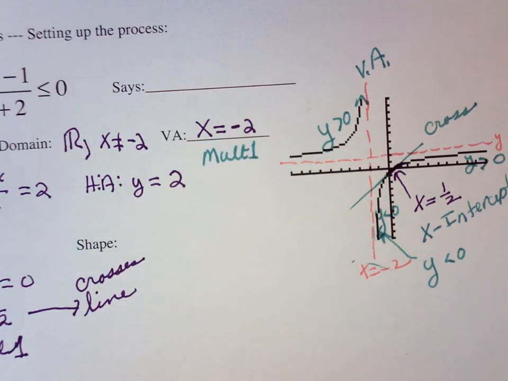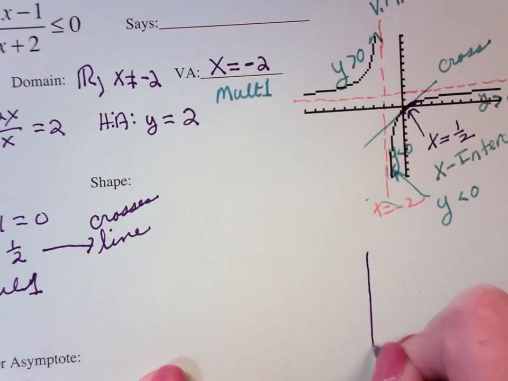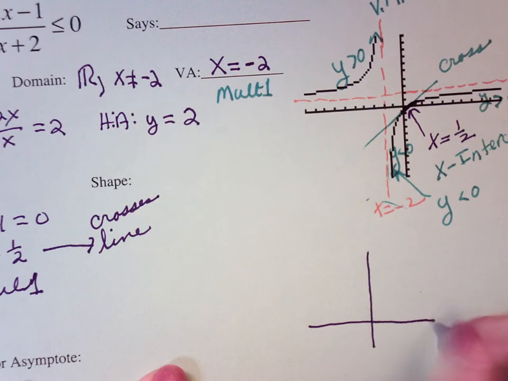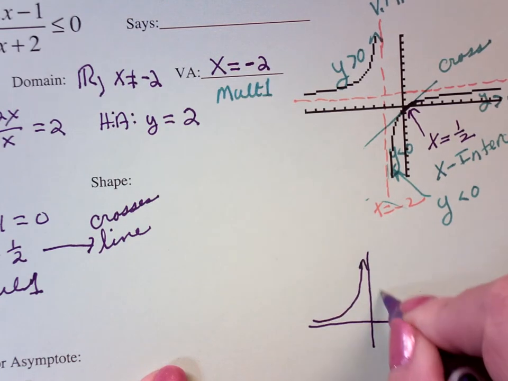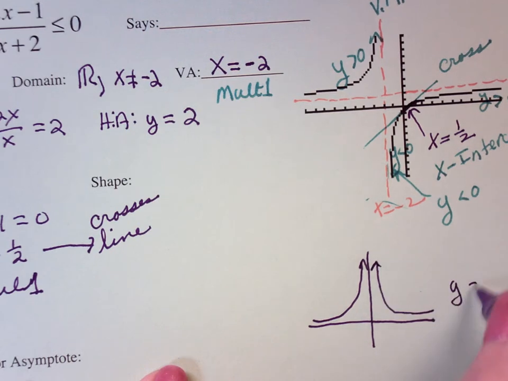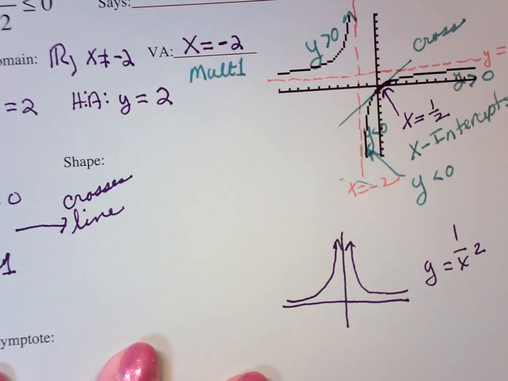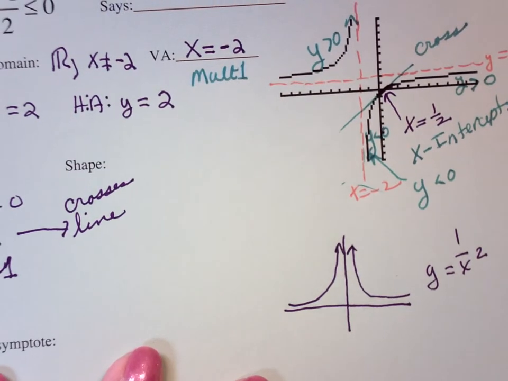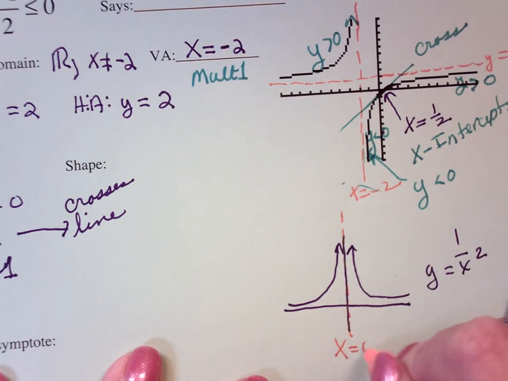And that can be easily seen by our old furry friend, y equals 1 over x squared. Here the VA is x equals 0, multiplicity 2.